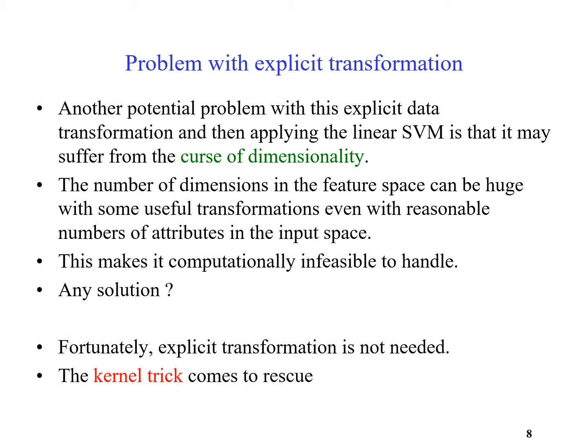So if you expand the dimension, this is the third problem. We have the curse of dimensionality, so we need lots of data to train it. In summary, expanding the input dimension to a higher dimension, this idea is very good. This idea is very novel.